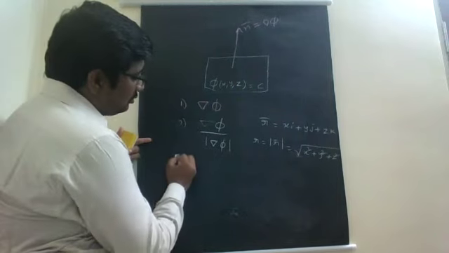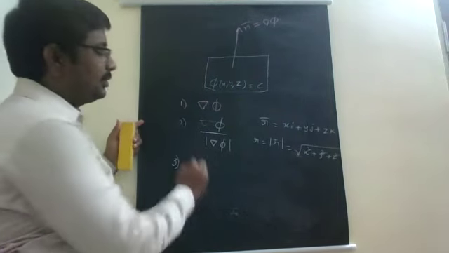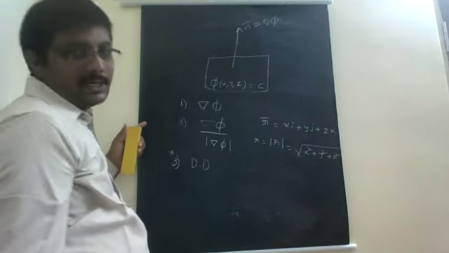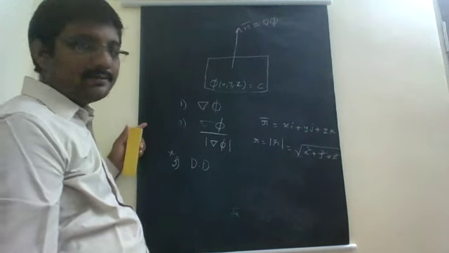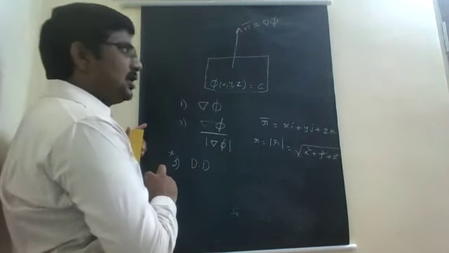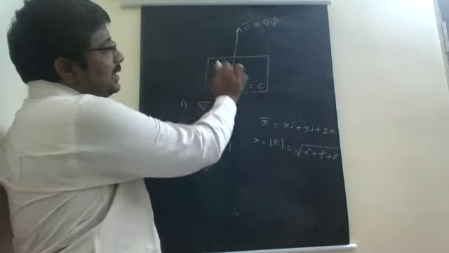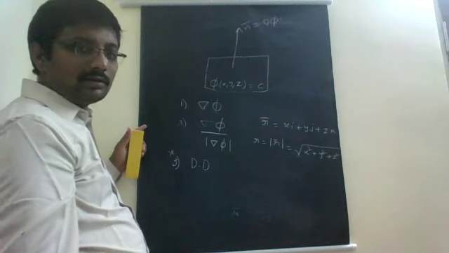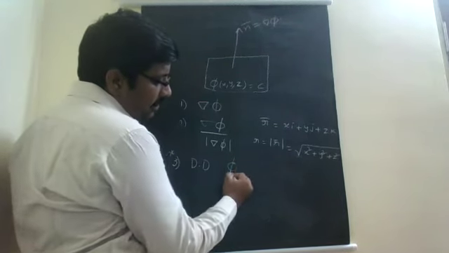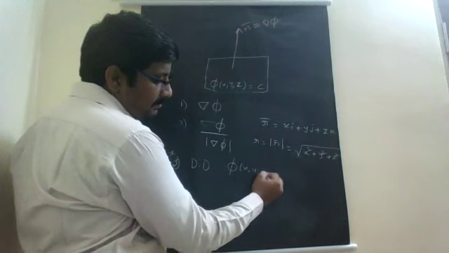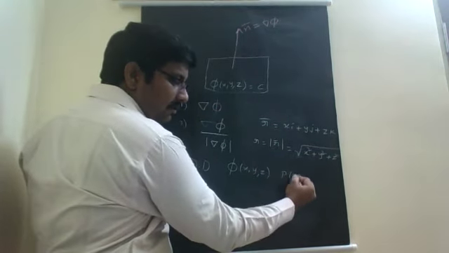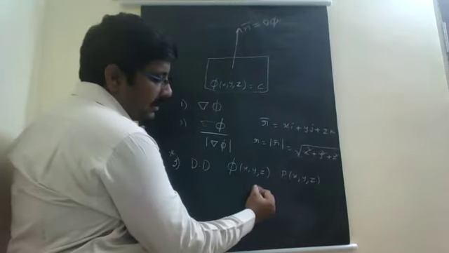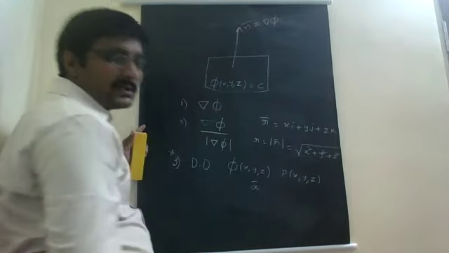And we will have the directional derivative. Here we can find the directional derivative also. The directional derivative is nothing but the derivative along the normal to the surface, or the directional derivative for phi of xyz at a given point P of xyz in the direction of any vector, that is a bar, which is obtained by using the formula.